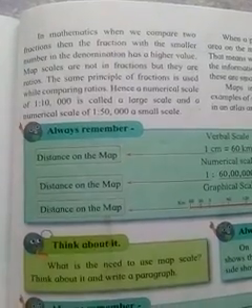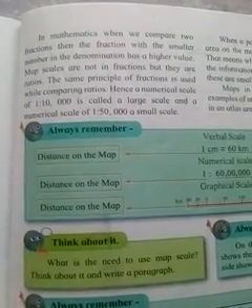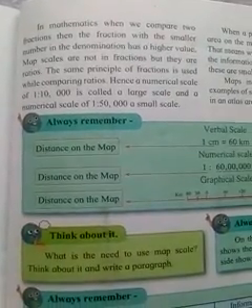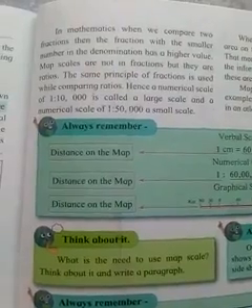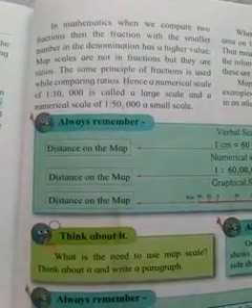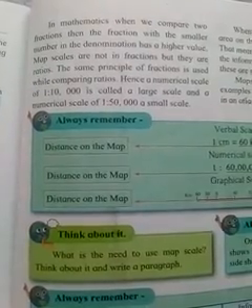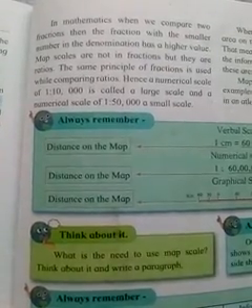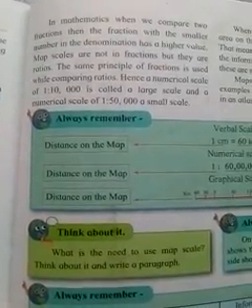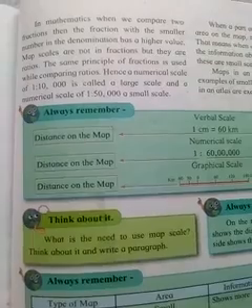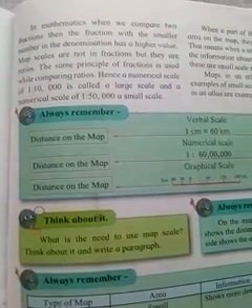In mathematics, when we compare two fractions, the fraction with the smaller number in the denominator has a higher value. Map scales are not fractions but they are ratios.